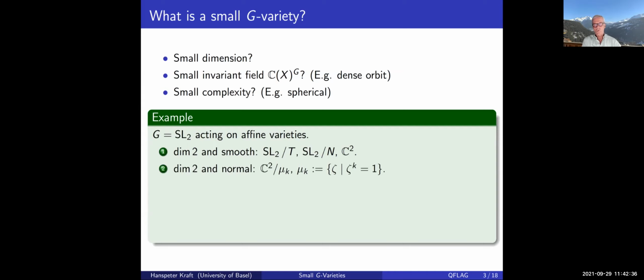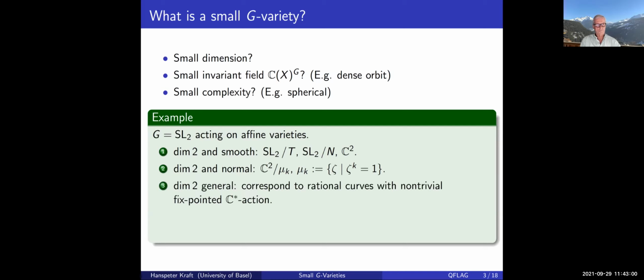If we only assume normal, then we have in addition the quotients C^2 modulo the finite cyclic group of order k acting on C^2. As soon as k is larger than 1, this is no longer smooth, but has an isolated singularity at the origin, the famous A_k-type singularity.